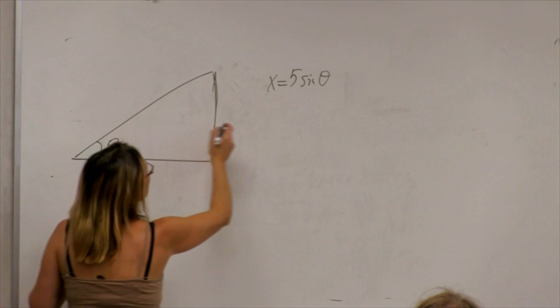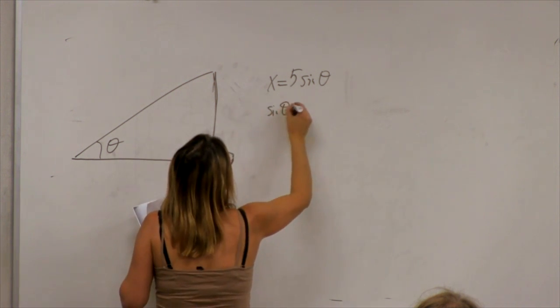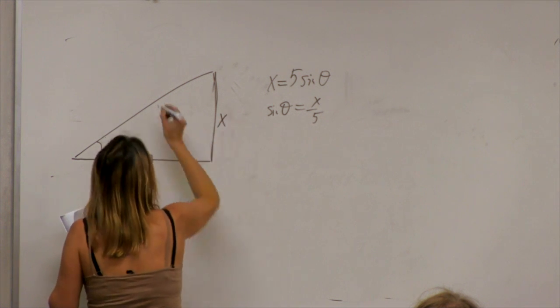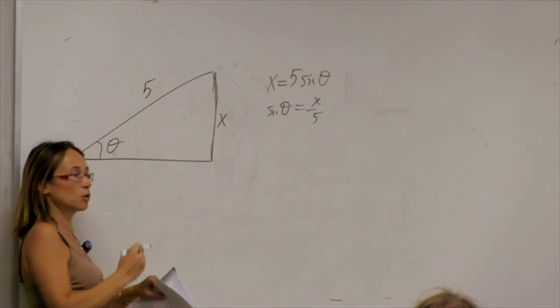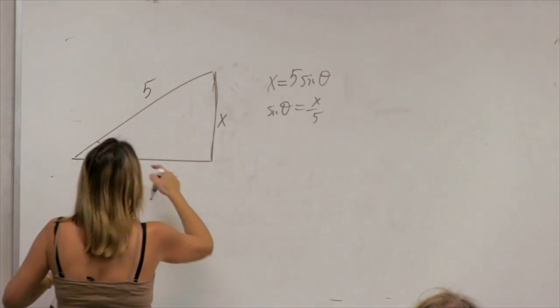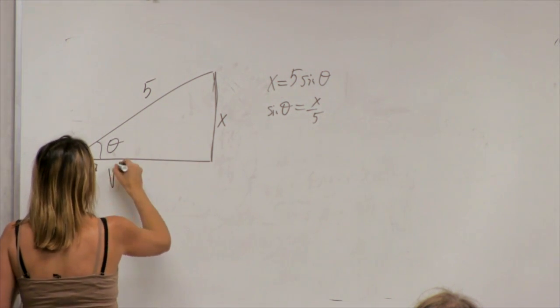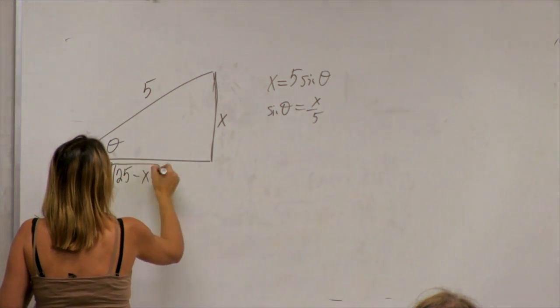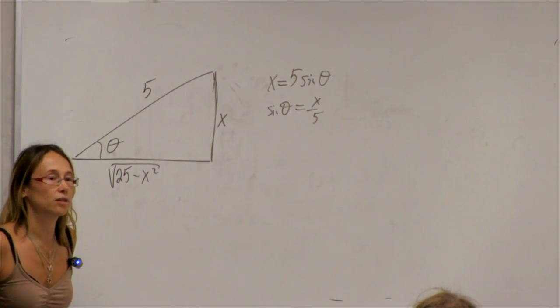So sine theta is x over 5, right? So I want to make this x, and I want to make this 5, and then this is correct, right? This is the easiest way to achieve this. Now, all I need to do is calculate this side, okay? And I can do this. It's square root of 25 minus x squared from the right triangle.